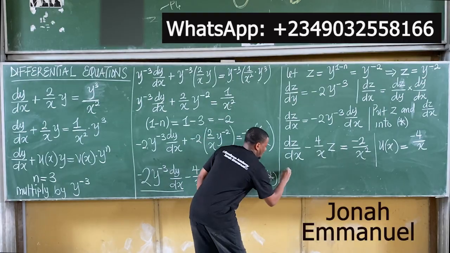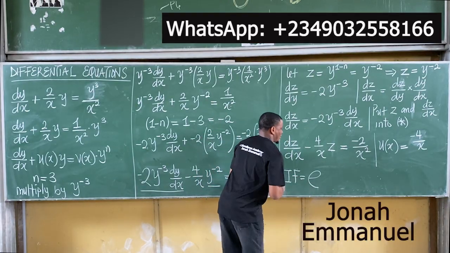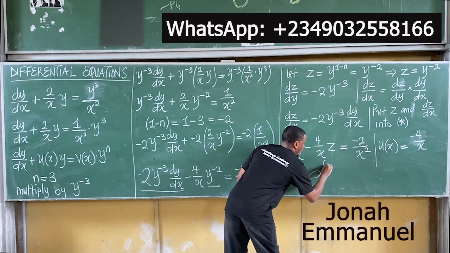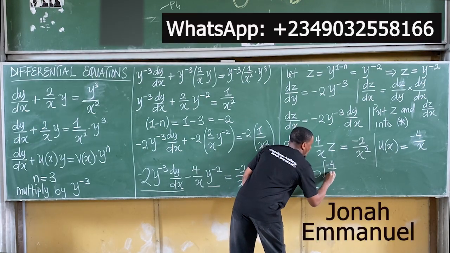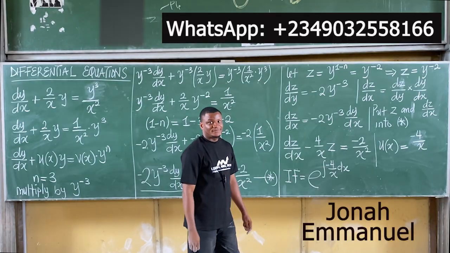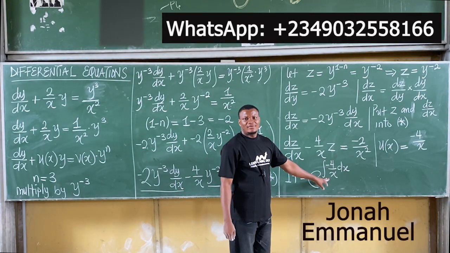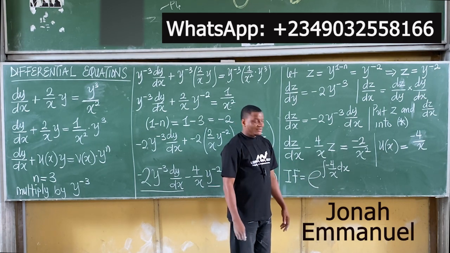And we said that the value of the integrating factor, IF, is equal to exponential integral of minus 4 over x with respect to x. Should I still be wasting my time with what this will give you? You should have mastered this thing by now. Okay, fine. Let me do it.